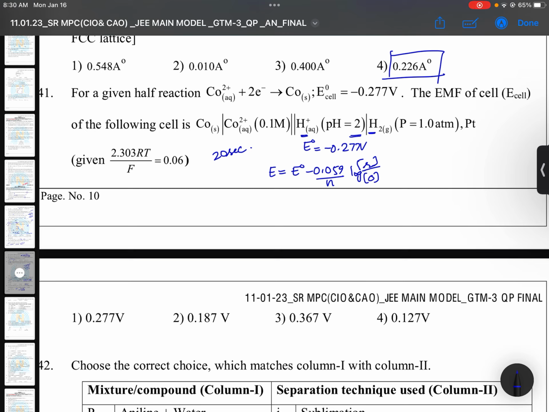The given equation is Co plus 2 plus 2H plus gives rise to Co plus H2. Right? This is the expression. For this expression, Q is equal to pressure of H2 into concentration of Co plus 2, by H plus concentration squared.